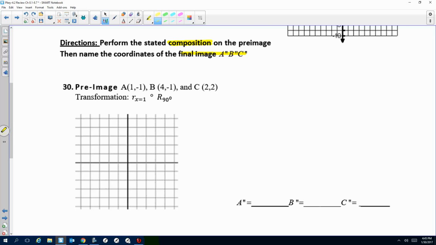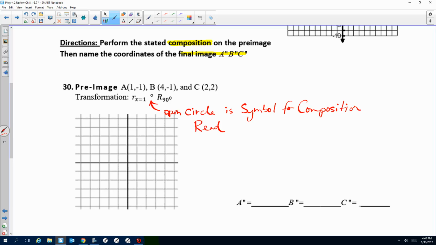You have a symbol, this little open circle, is a symbol for a composite or composition, which means in this symbol you read the transformation right to left. That's the order you perform it.